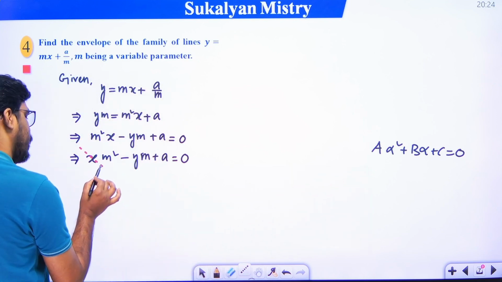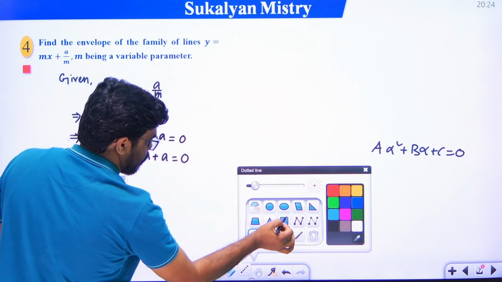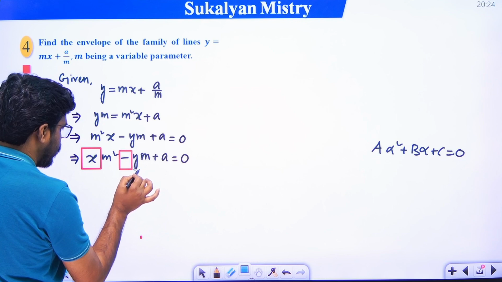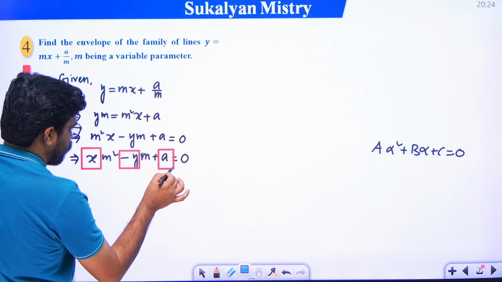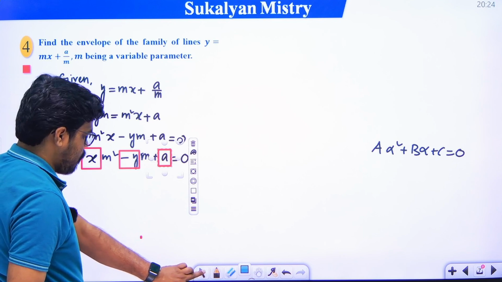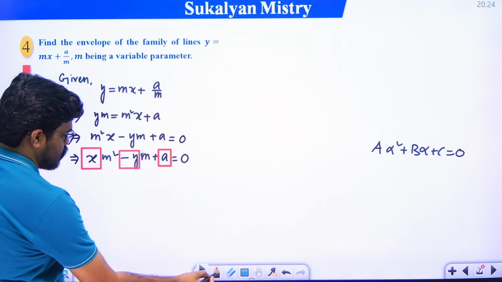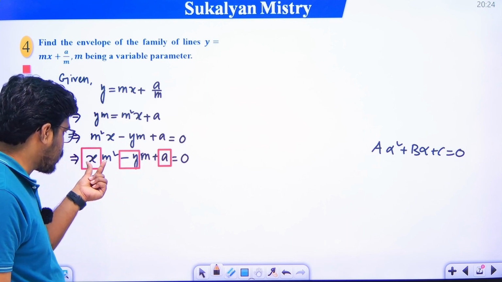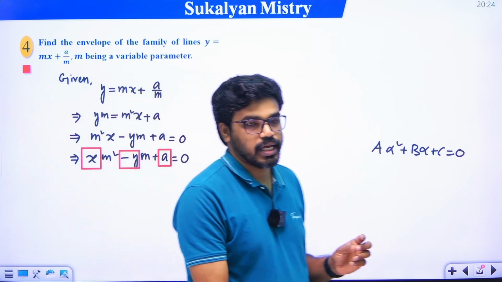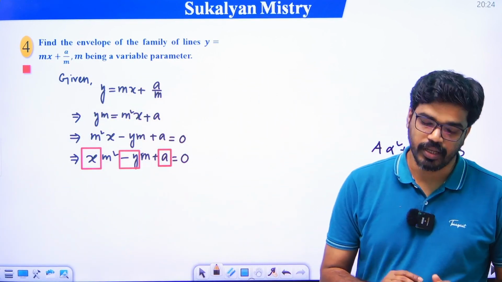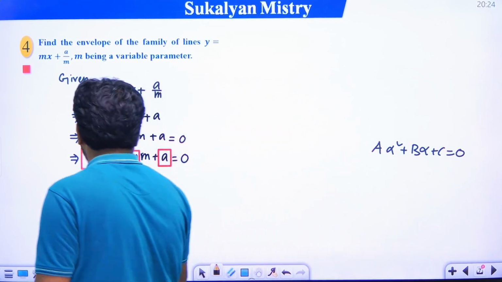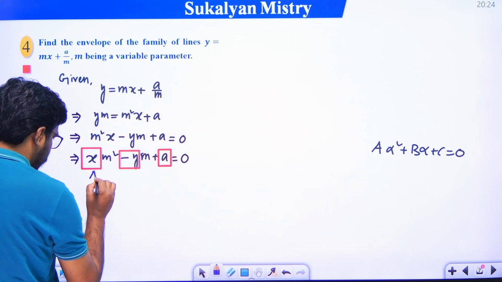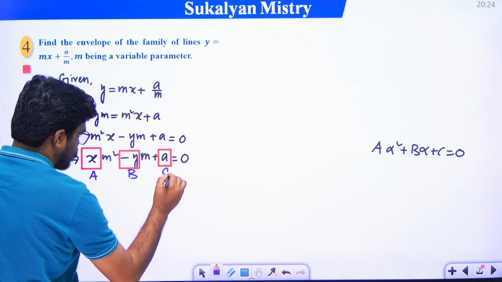This is a alpha square, this is b alpha, plus c. ঠিক আছে, a alpha square plus b alpha plus c is equal to 0. So this is a quadratic equation, quadratic in the parameter m. This is a, this is b, and this is c.